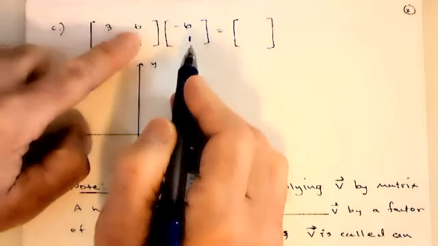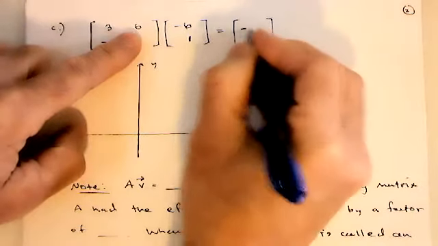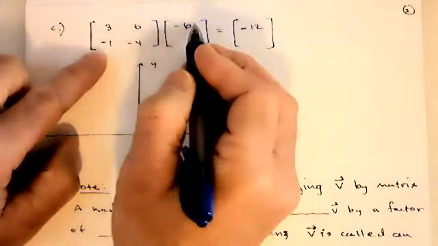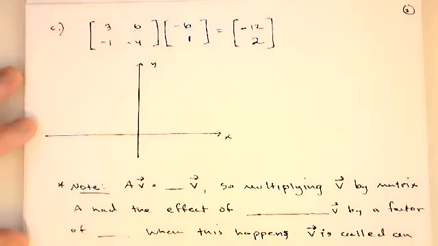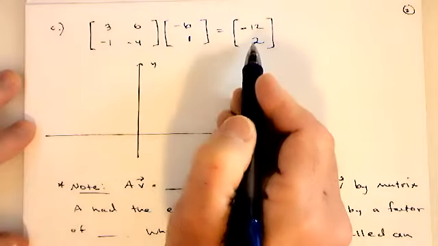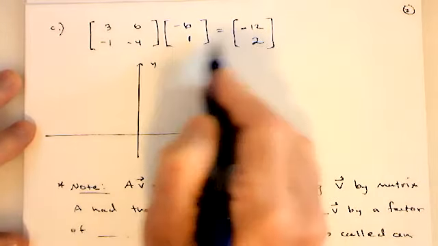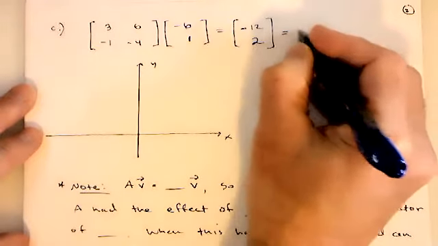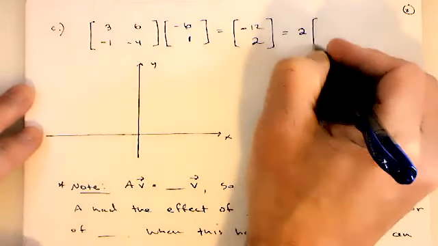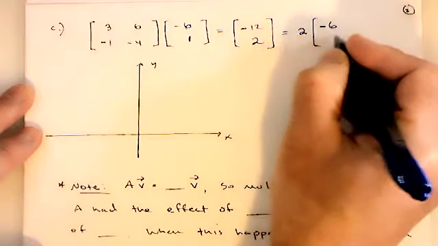Negative 18 plus 6 gives me negative 12. 6 minus 4 gives me positive 2. Now, if you look closely, what you might notice is negative 12, 2 happens to be 2 times my original vector.